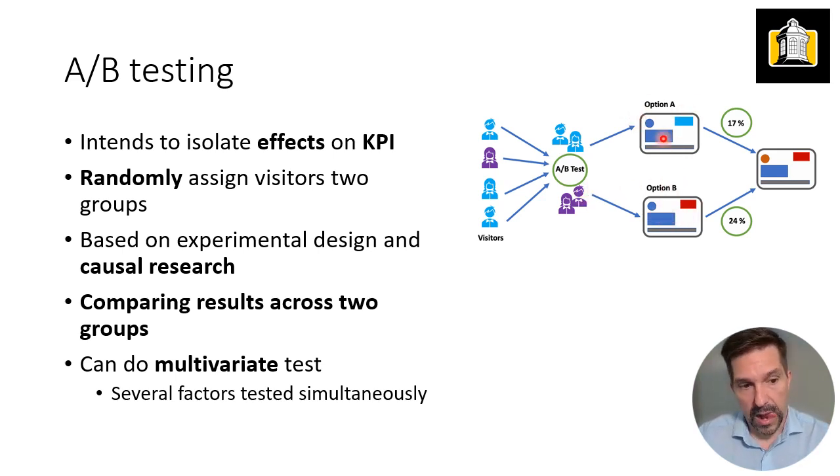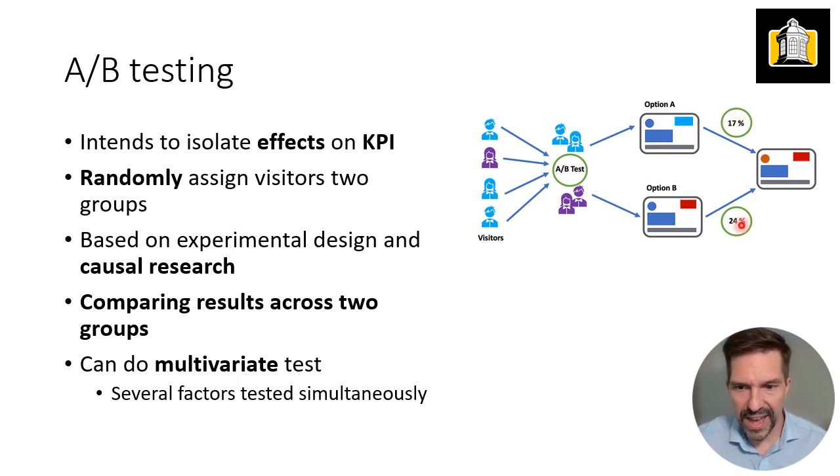Okay. Now, the idea here is simple, right? If you are randomly sending people in 2 different directions and the only thing that changes between these 2 is the image, everything else is the same. The only thing that changes is the image, in one it is one picture and the other one is the other.